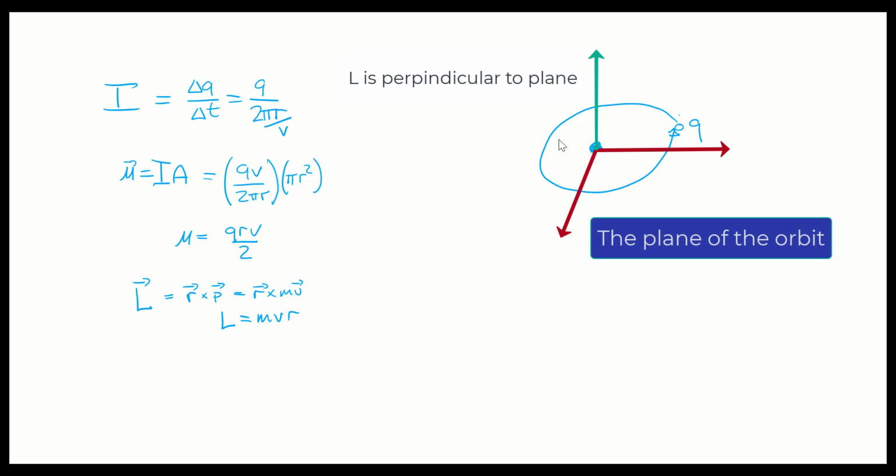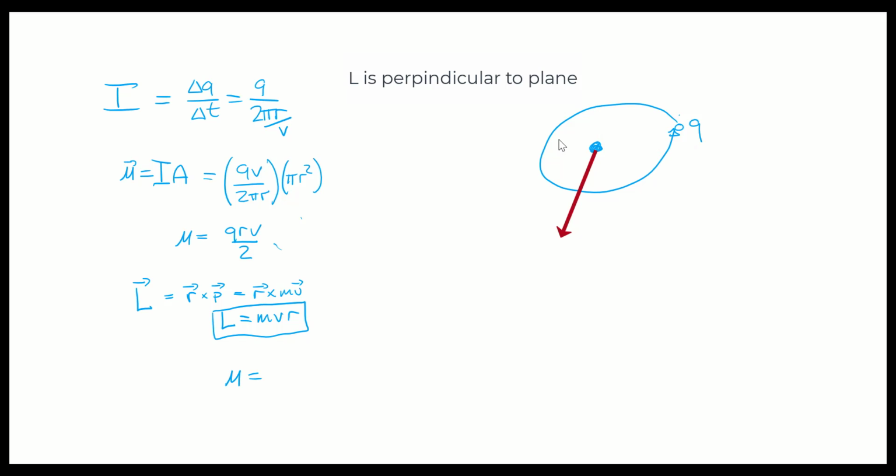So we can take this angular momentum and make a substitution into our magnetic moment, and our magnetic moment then becomes q over 2m times the angular momentum L.